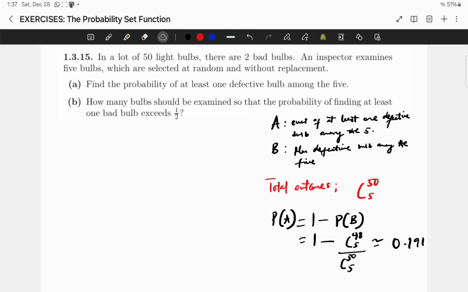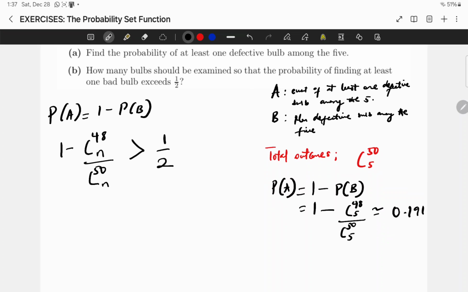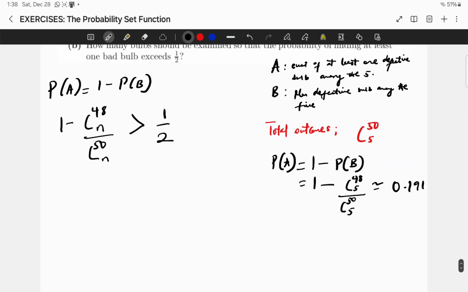So following the same, we don't know the number of bulbs to examine, so we have probability of A equals 1 minus probability of B. But here now I want to look for 1 minus 48 combination N, where N is the number of bulbs to be examined, over 50 combination N, so that the result of finding at least one bad bulb will exceed 1/2.